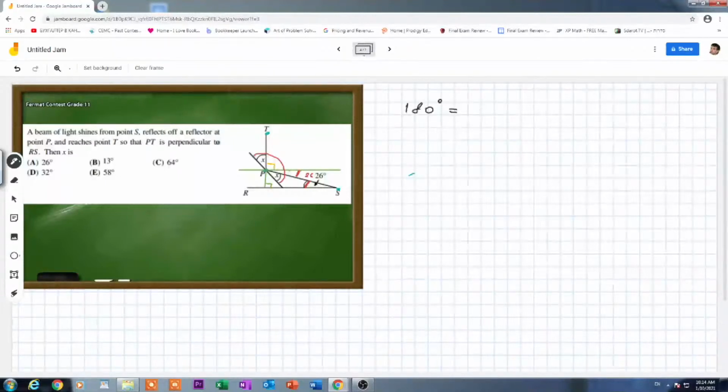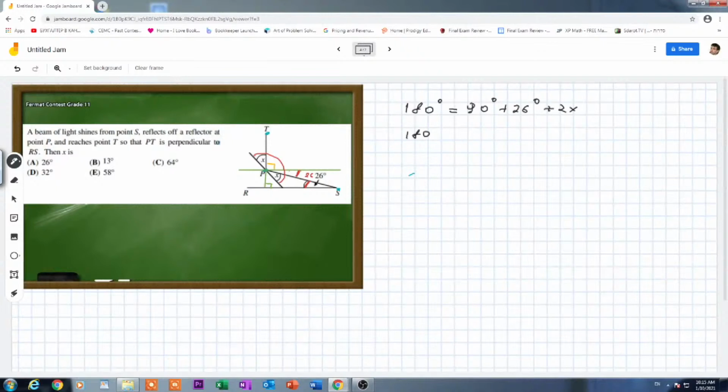So it consists of 90 degrees that are marked in yellow plus 26 degrees, that's an alternate angle, and 2 x's, right? 2 x's.